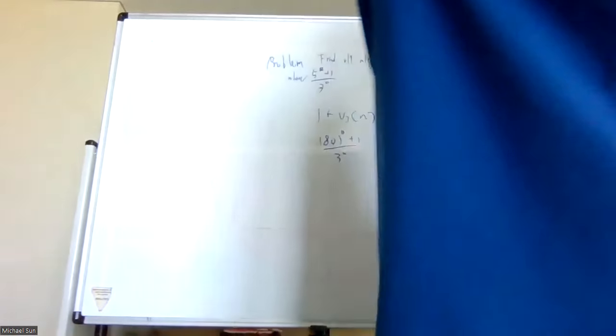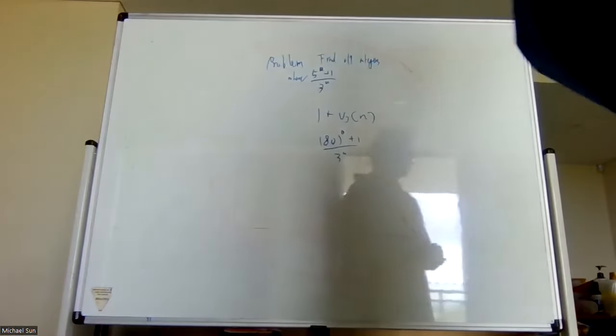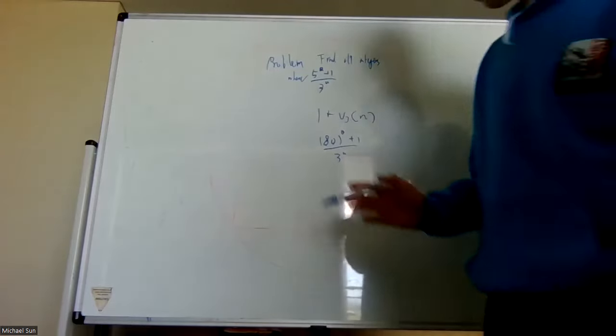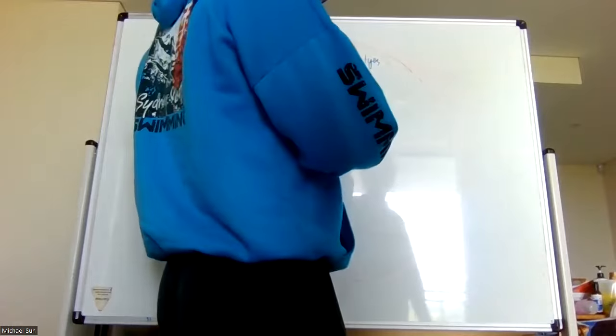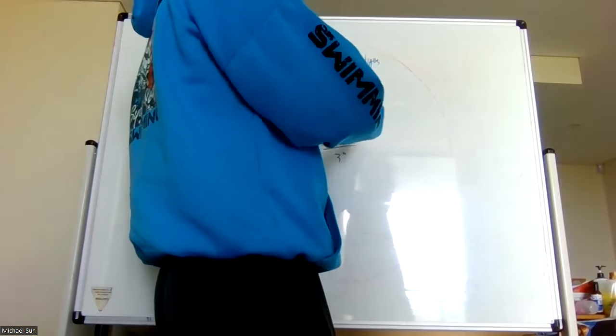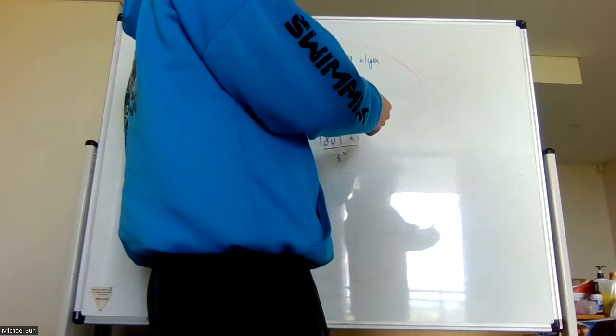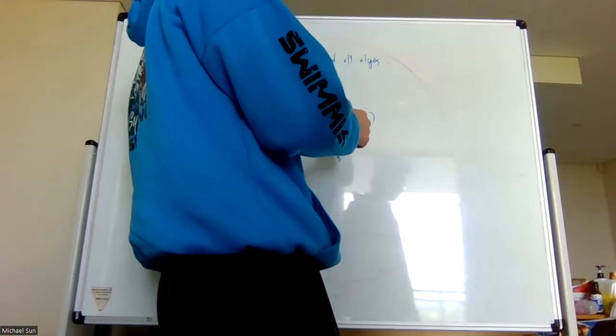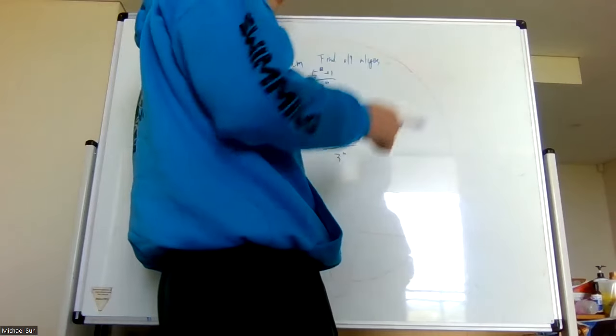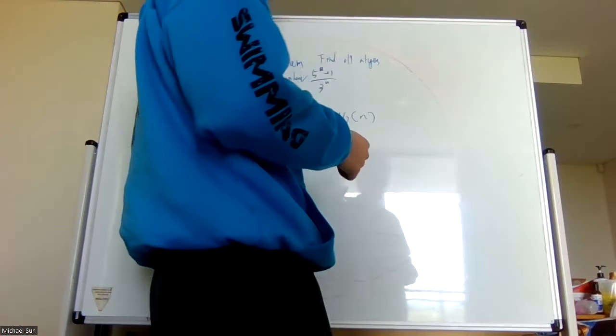Okay, you try to explain this so everyone else understands. Alright, so you directly apply the lifting the exponent lemma. Because you use the formula, so you know it'll be divisible by the amount of 3s the exponent is divisible by, plus 1.